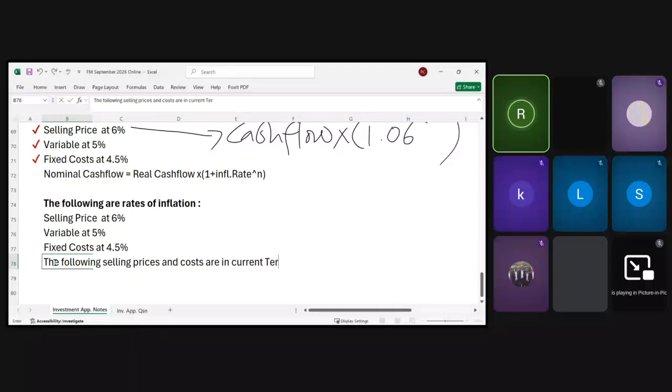Selling price is equal to $500 per unit for each year, and then we have variable cost per unit equal to $180 per unit each year.